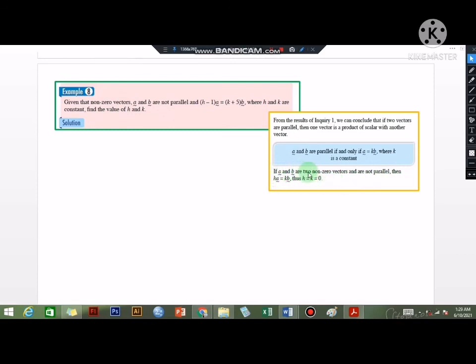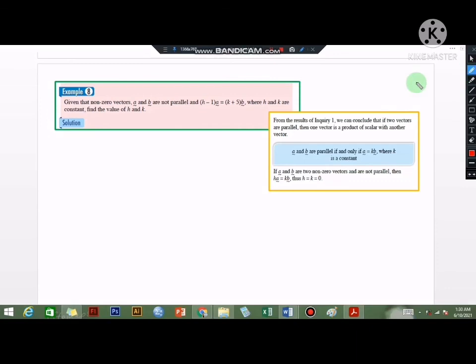If A and B are two non-zero vectors and are not parallel, then H vector A is equal to K vector B, thus H is equal to K is equal to 0.